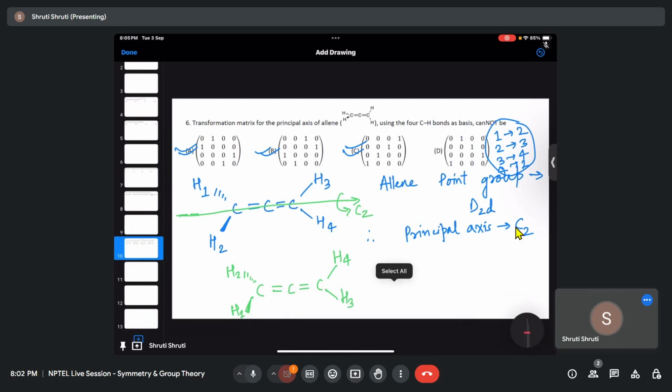We cannot rotate them cyclically like this. So D is not possible.